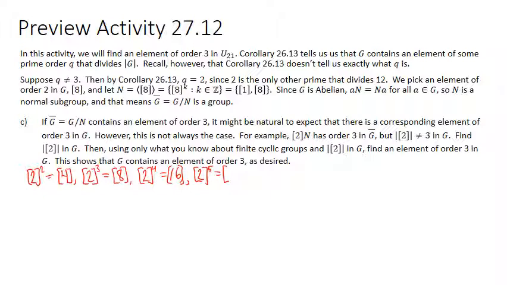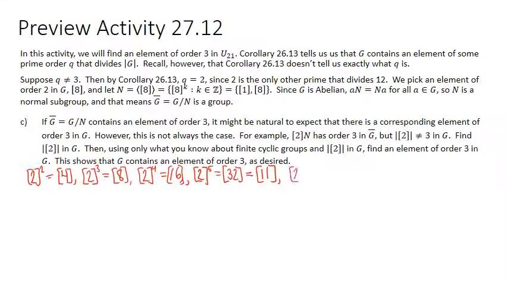It's also not an element of U21. So when I get 32, I'm going to reduce that modulo 21. So this is actually going to be 11. Okay. And so let's keep going because I haven't gone all the way around and gotten all of them yet.